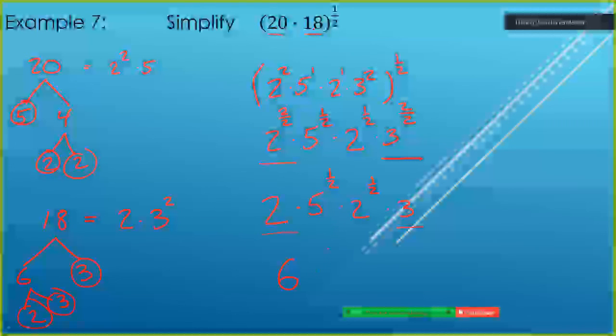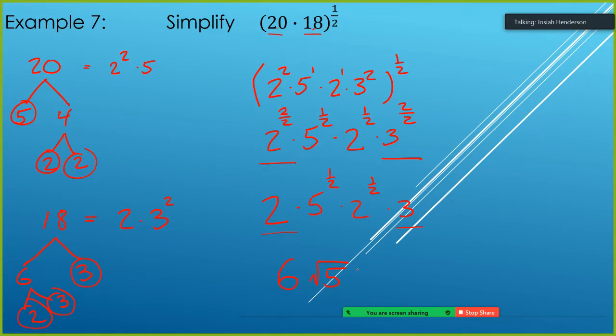Those two can get recombined. If you wanted to turn them back into radicals now, it would look like this: root 5 times root 2. But those are the matching roots. They're both square roots, so we can multiply those together and get 6 root 10. And there's our final answer.